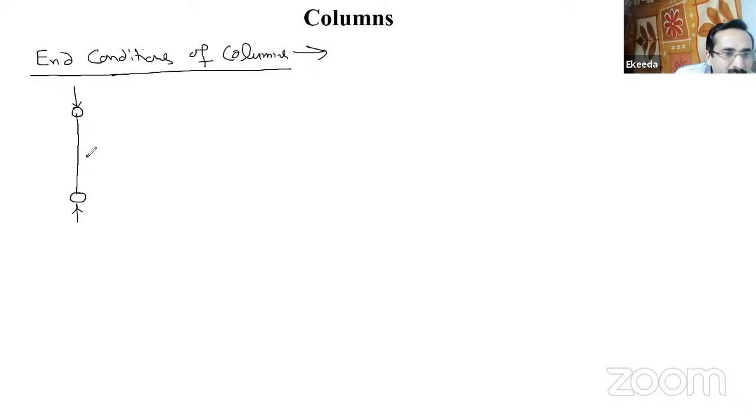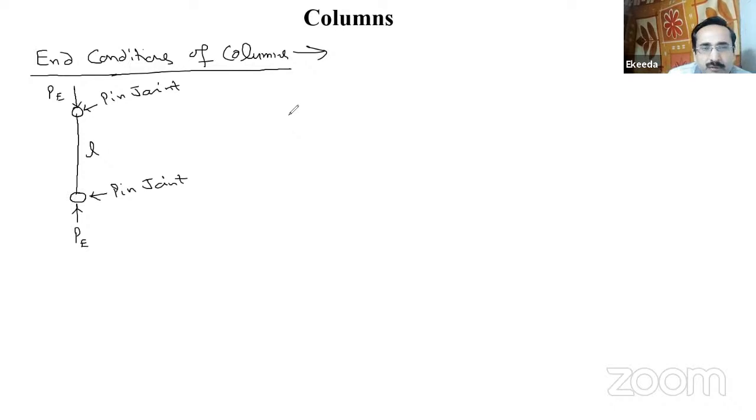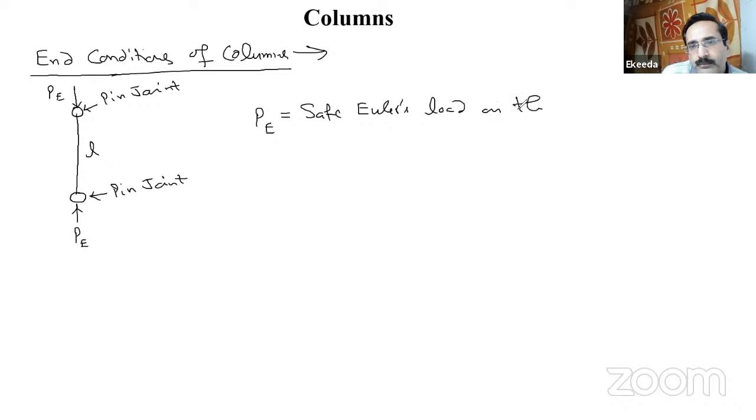So if this is the length of the column and this is a pin joint or hinge joint, this is also a pin joint, and some compressive load is applied. According to Euler's theory of columns, PE is the safe Euler's load on the column.